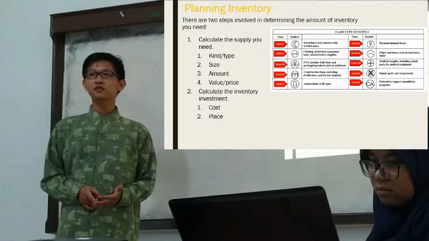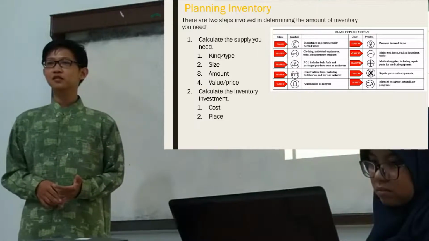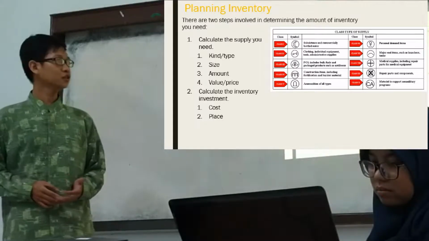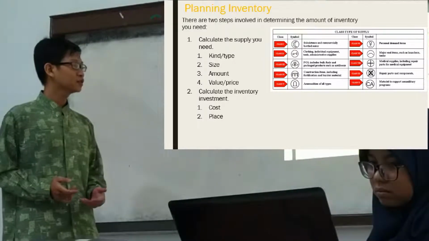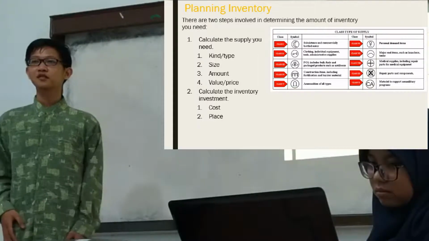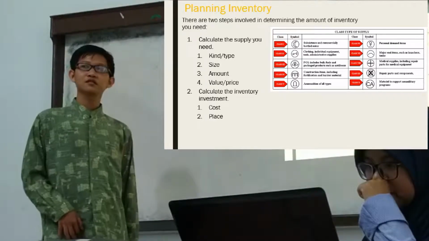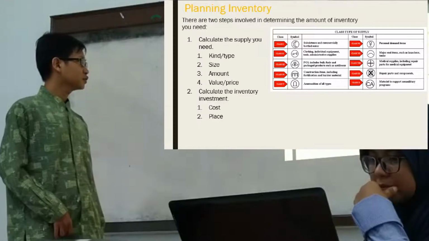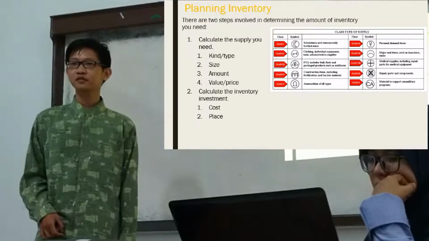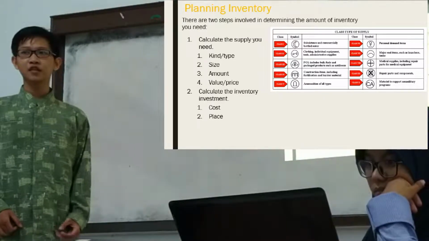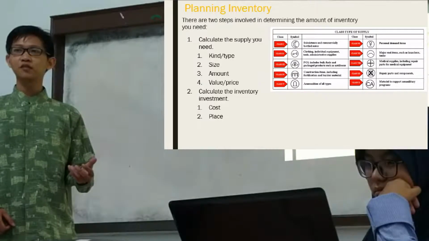The second, how about the size? It is big, middle, or small size. The amount, how much you need to store in your inventory. And the last is price. How much is the price? Is it very valuable or not.